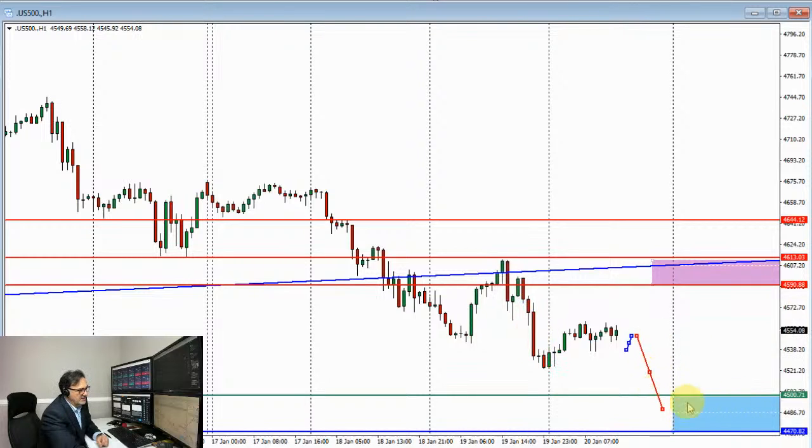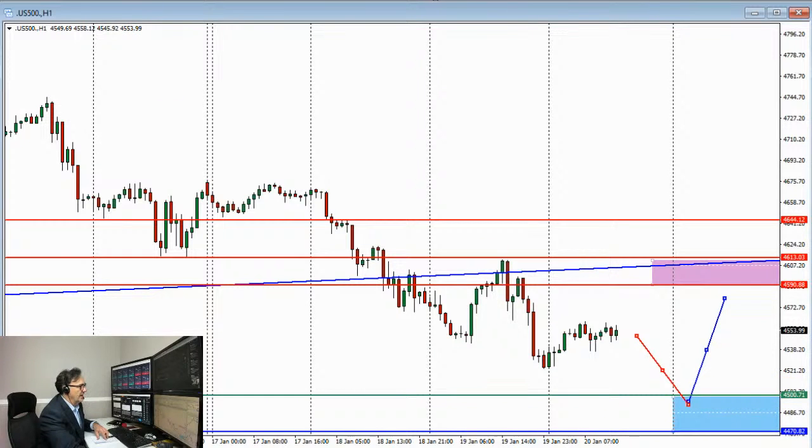Extended, it gives us this zone here, which is where I would likely be looking to find a reversal for a bounce higher. So the level that I'm paying attention to on S&P is at 4,500.